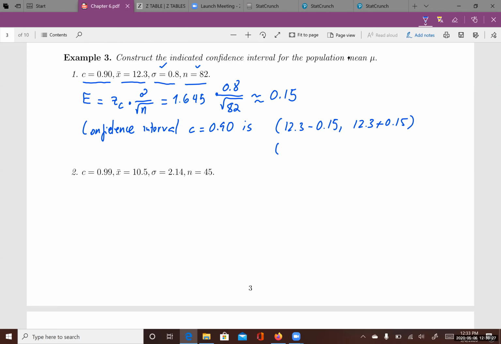It's going to be 12.15 and 12.45. So this is the confidence interval of 90%, or 0.9.